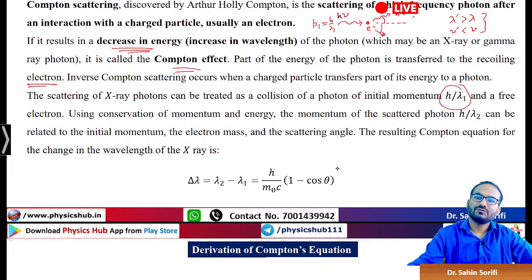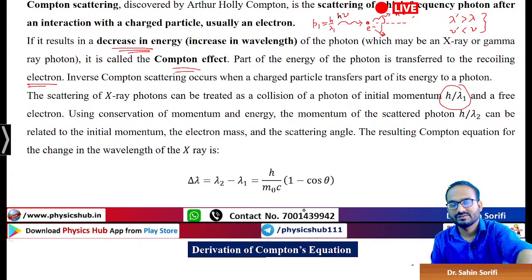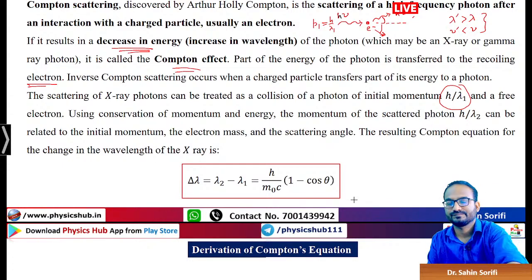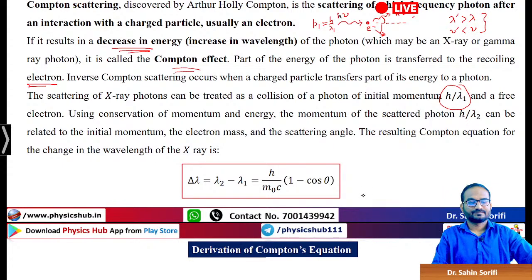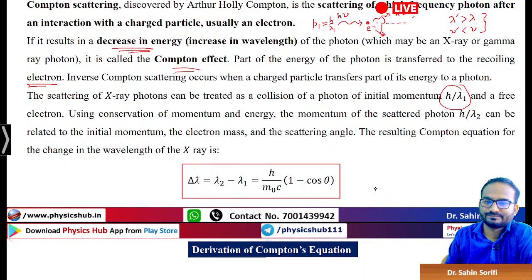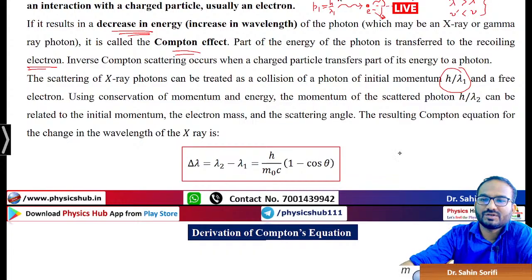The change in wavelength of the photon is given by delta lambda equals lambda 2 minus lambda 1, equals h by m naught c into 1 minus cos theta. This expression is very important. This is the Compton shift.